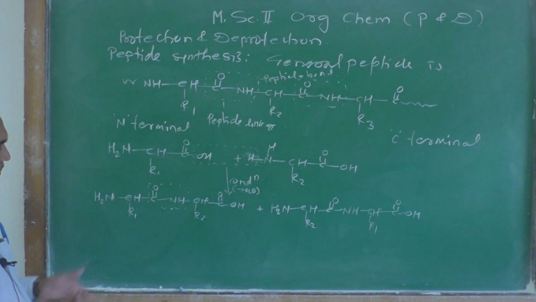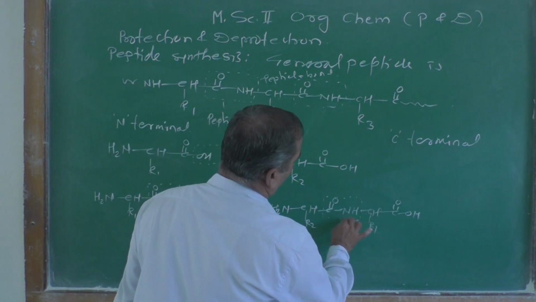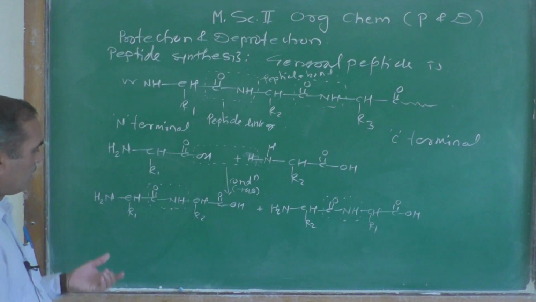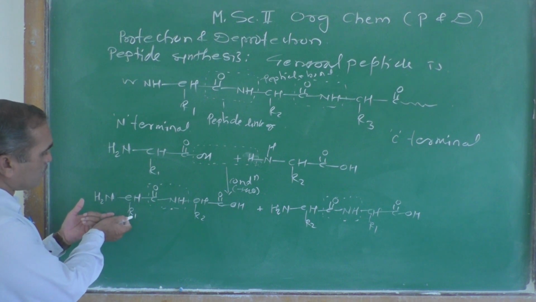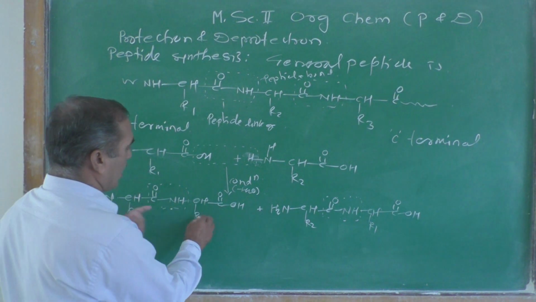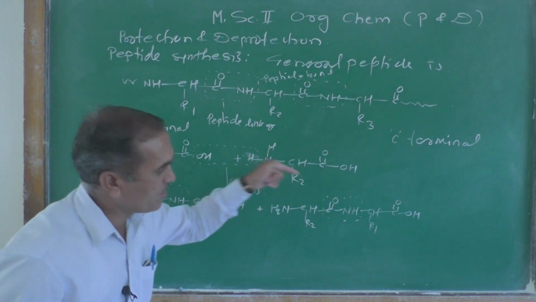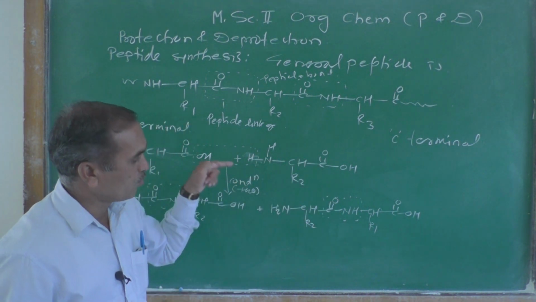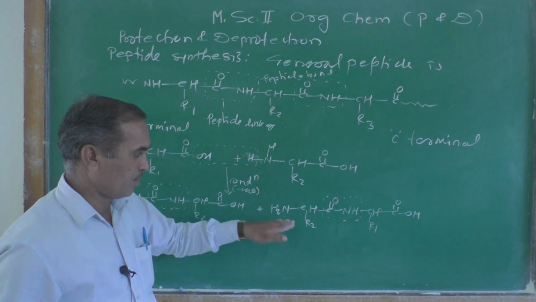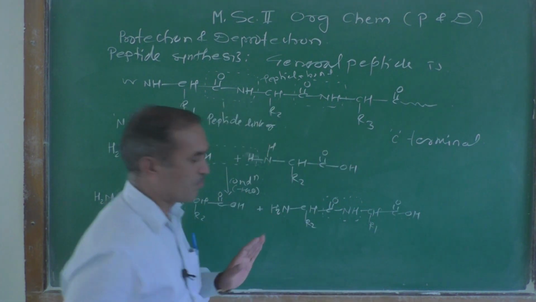Look at this. Here also a peptide bond is formed. The peptide bond is nothing but C=O NH. In the first product, adjacent to R1 the NH2 amino group is free, and at R2 the carboxylic group is free. In the other product, adjacent to R2 the NH2 group is free, and at R1 the carboxylic group is free.